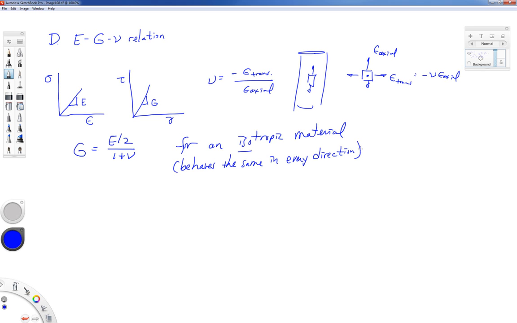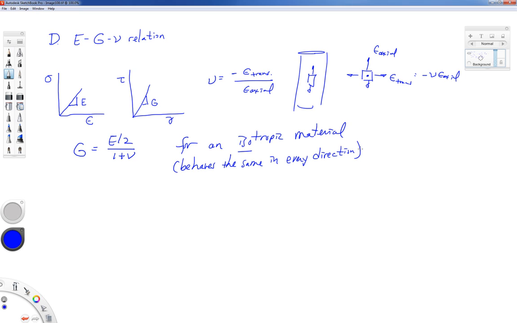These include composite materials, where, for example, in the fiber direction of the composite, you have a lot stronger or stiffer behavior than you do if you pull on this fiber and glue system perpendicular to the fiber direction.